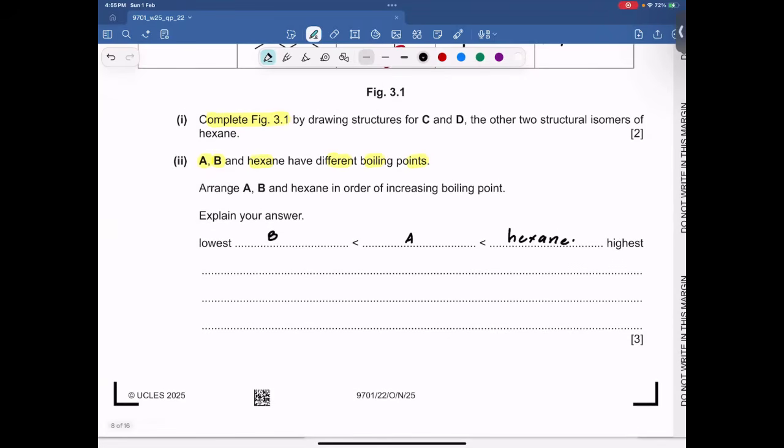So let me explain this. Hexane has no alkyl branches. Largest surface area. So high boiling point.